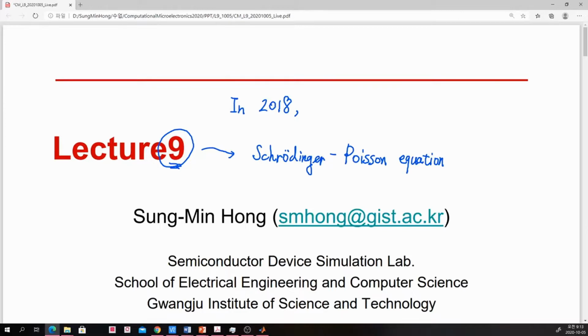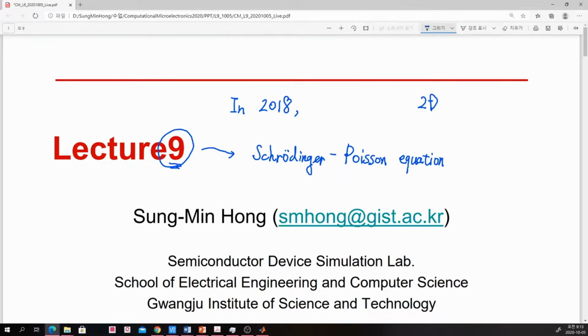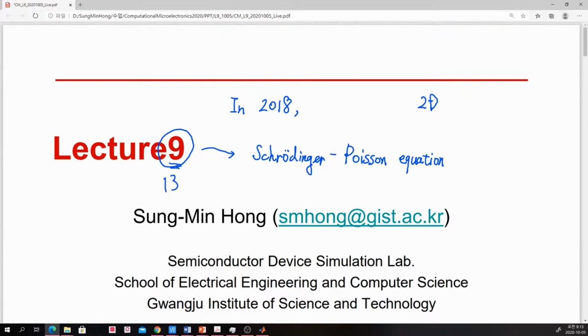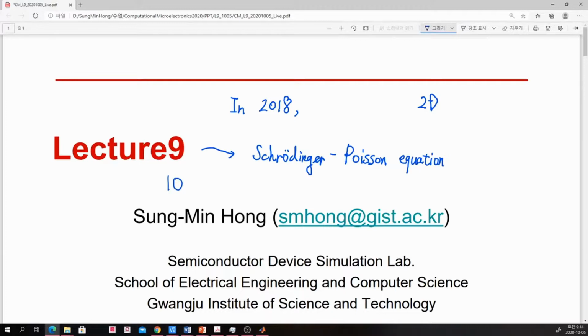However, in this year, I feel that we need to think about two-dimensional structures first. So therefore, the content which was covered in lecture 13 two years ago is now moved to lecture 9. So today, lecture 9, and the day after tomorrow, lecture 10, we'll talk about the implementation of two-dimensional equations.